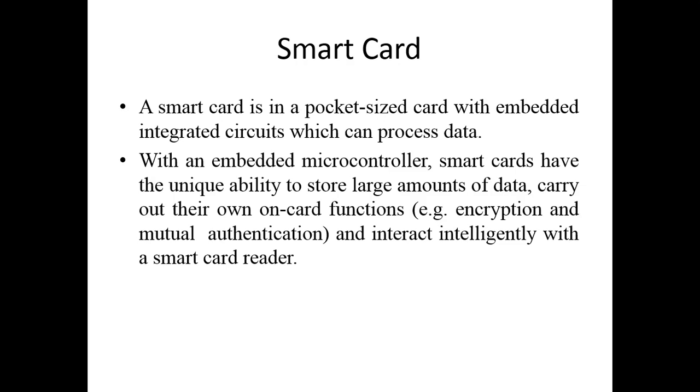There are certain organizations that you cannot enter unless you have a certain smart card, which provides a form of authentication that you are indeed the person supposed to access a certain building. It interacts intelligently with a smart card reader, so for as long as it's in the right person's hands, they'll authenticate you against that information.